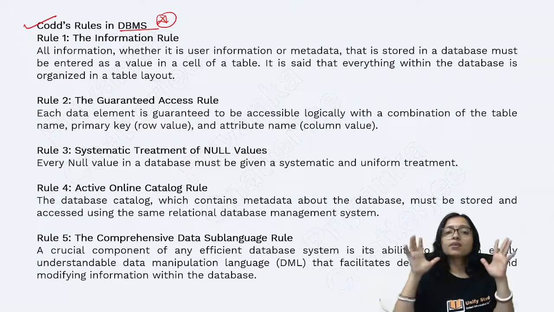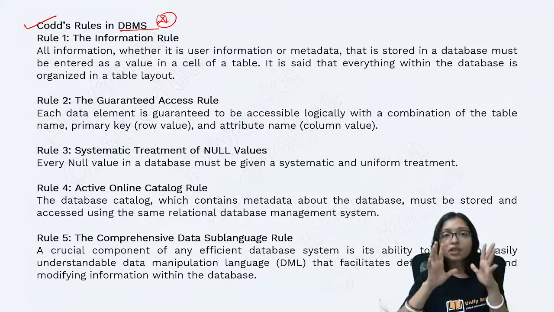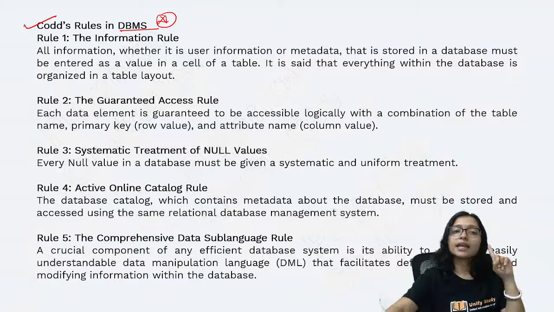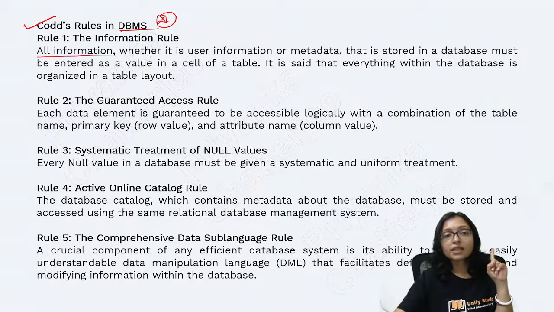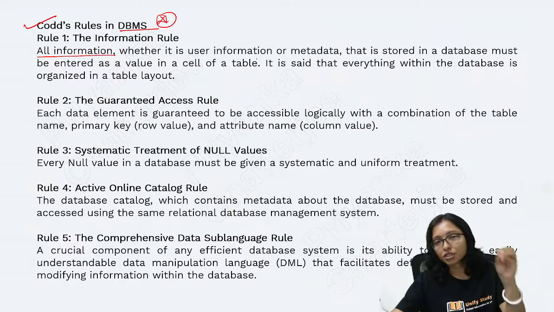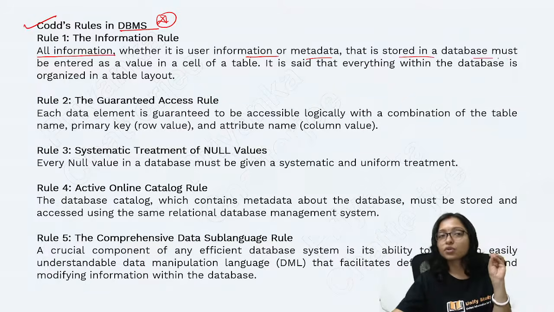Whenever you are storing the data, the first rule is the information rule. All the information, whatever data I am storing, that is the user information. User information or metadata that is stored in the database must be entered as a value in a cell of the table. Here is the table, right?